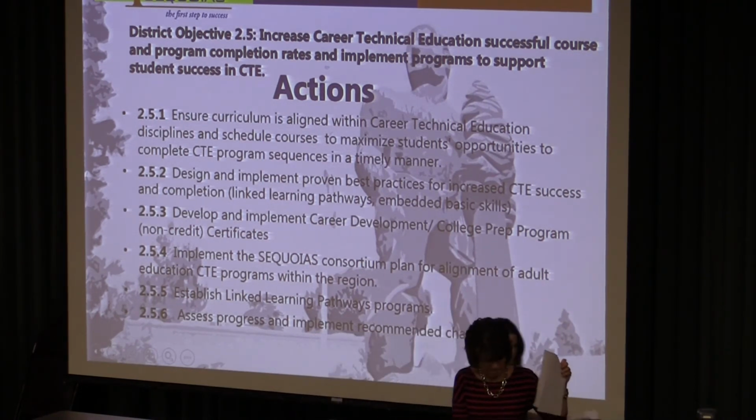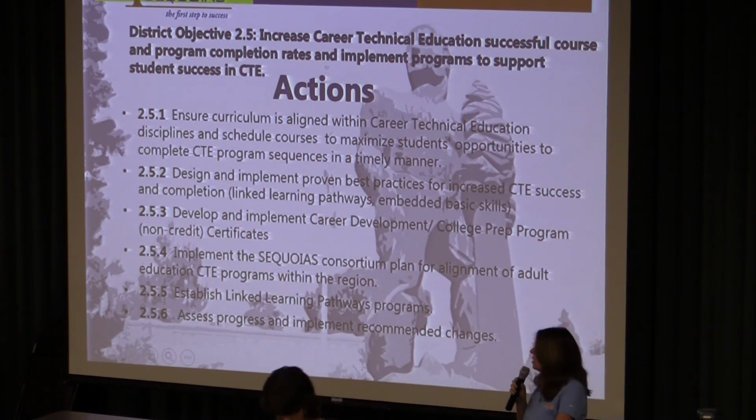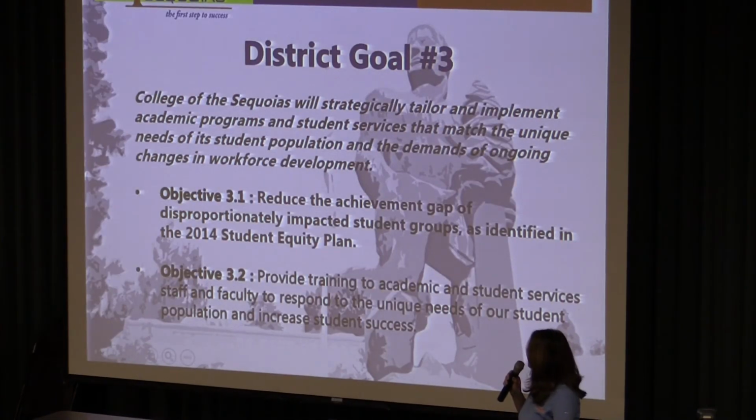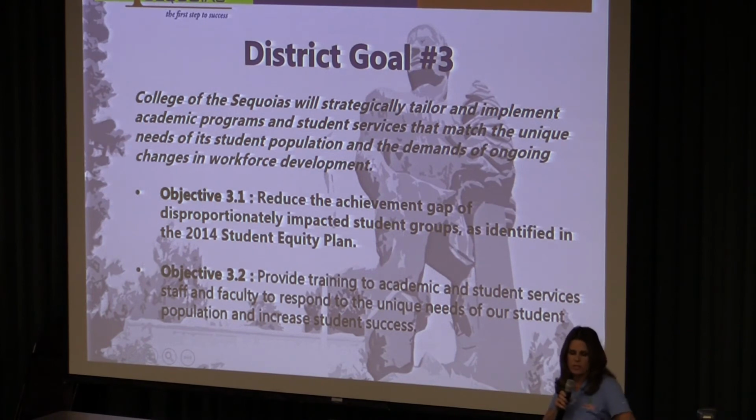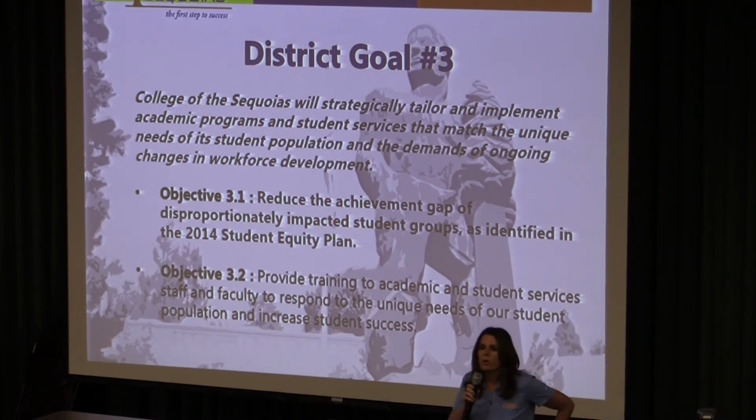Thanks, Cindy. Okay, as you recall, we have district goal number 3, which is to strategically tailor and implement our academic programs in order to help our particular students who have a unique set of needs.